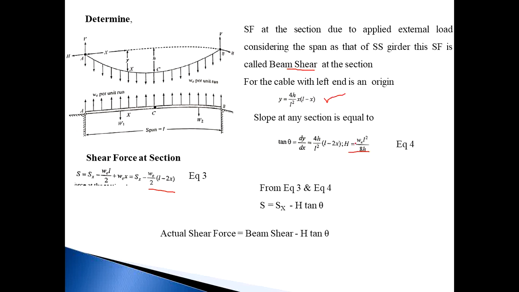We know the H value, that is WE L square upon 8h. This is equation number 3 and this is equation number 4. From equation 3 and 4 we get shear force is equal to Sx minus H tan theta. So S, the actual shear, is equal to beam shear minus H tan theta. H tan theta is the shear due to the cable.